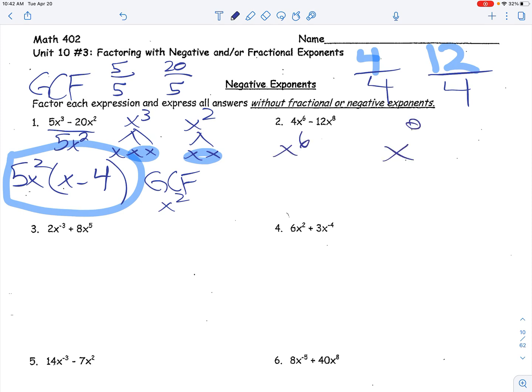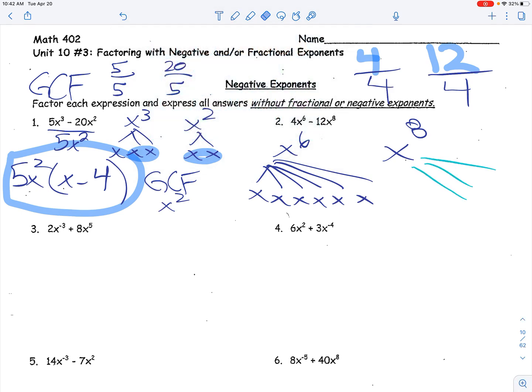And now we have an x6 and an x8. So x to the 6th is 6 x's. I'm not going to draw these lines here. X to the 8th is 8 x's.